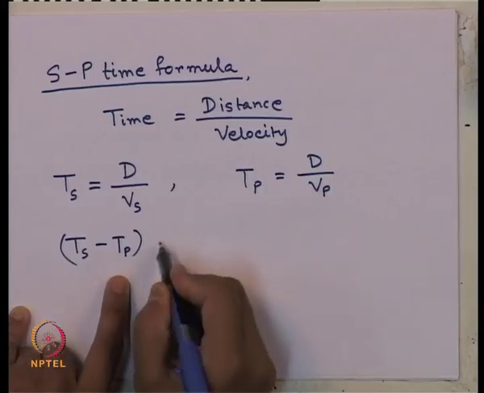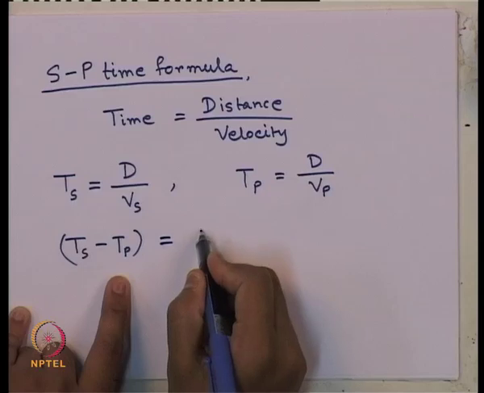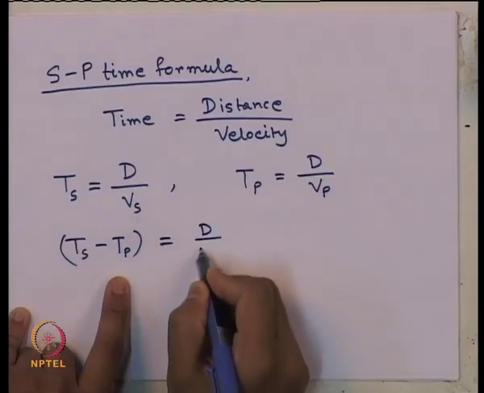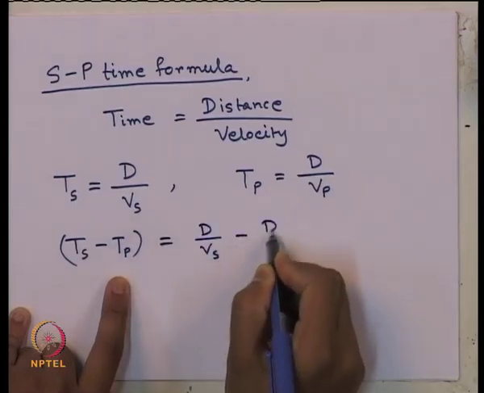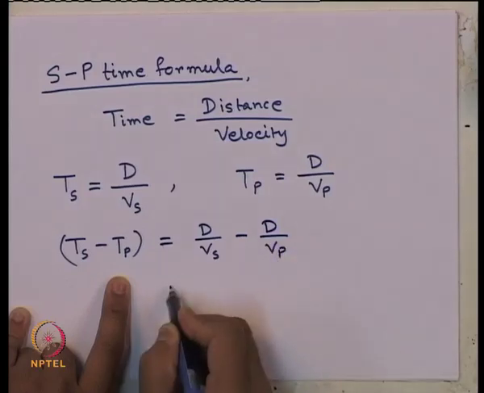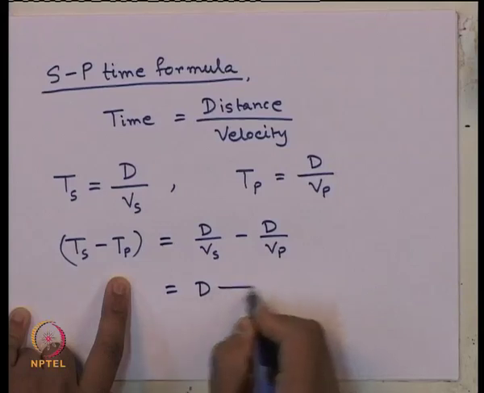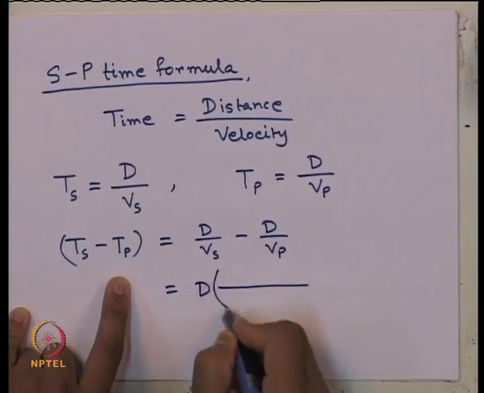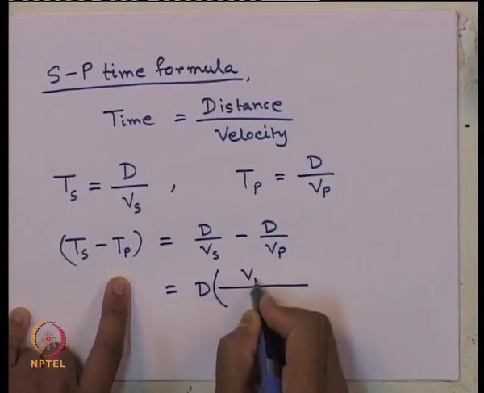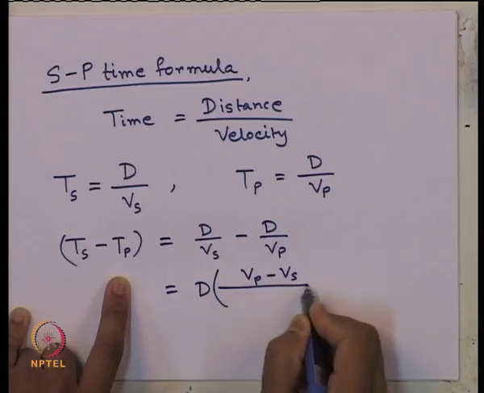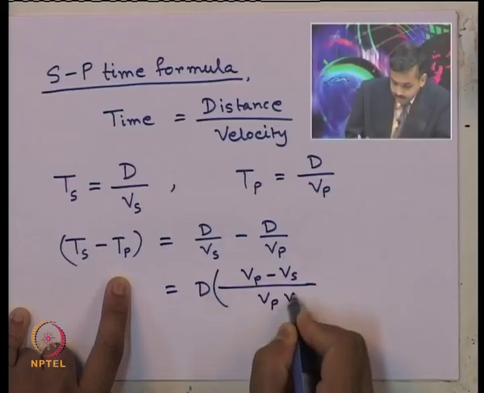So, T s minus T p is nothing but d by V s minus d by V p, which is nothing but d times (V p minus V s) by (V p V s).